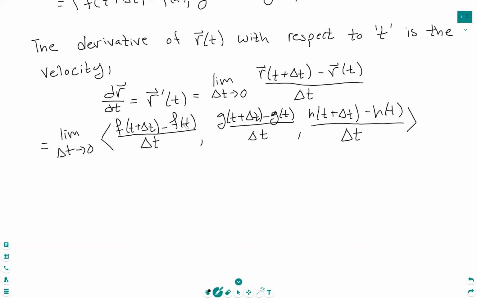So what we know about limits is we can apply this limit to each one of these components. Now, if you do so, this should remind you of the definition of the derivative from Calc 1, right? So you could probably expect all along that this is f prime of t, g prime of t, and h prime of t.